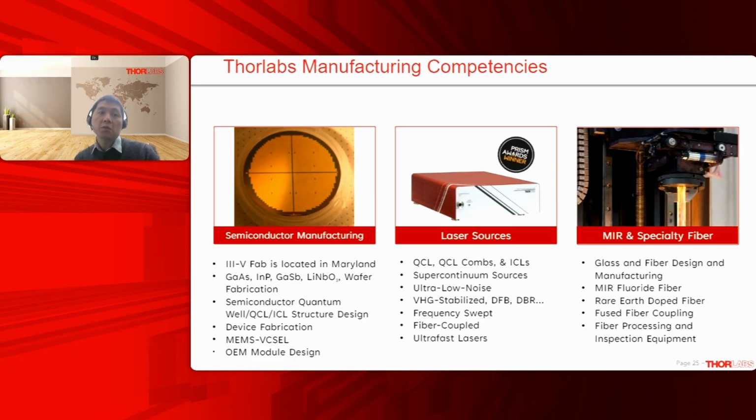We also have a facility that can design and manufacture special mid-infrared fluoride fibers. With those capabilities, we offer a variety of laser sources, including QCL, ICL, QCL combs, supercontinuum lasers, ultra-low noise lasers, etc.